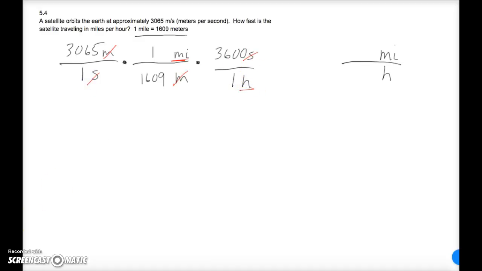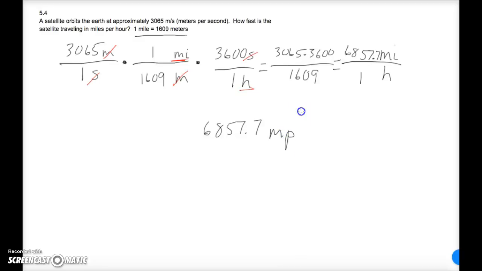So now what we have to do is do our multiplication and division, our simplification, so we can multiply across the top, and we get 3065 times 3600, and we're going to divide that by 1 times 1609 times 1, or just 1609, and what we get is 6,857.7 miles in 1 hour. 6,857.7 miles per hour.